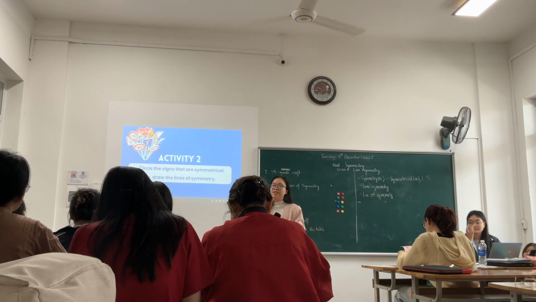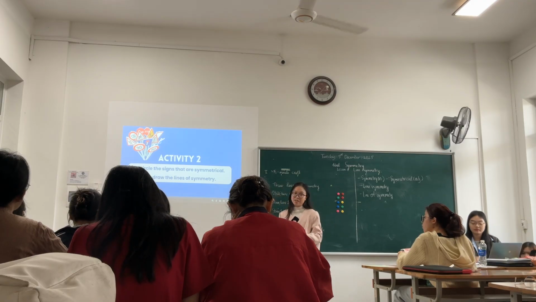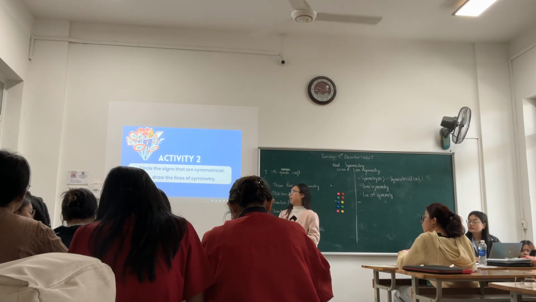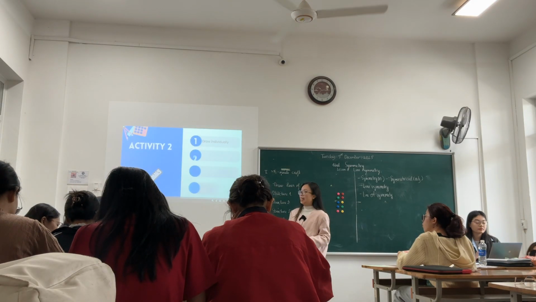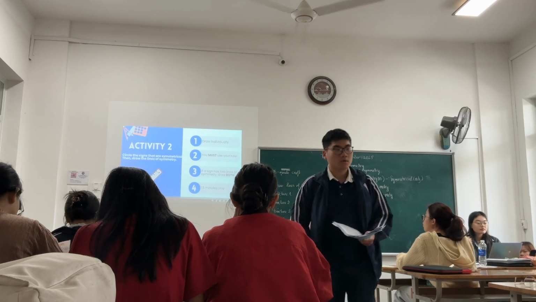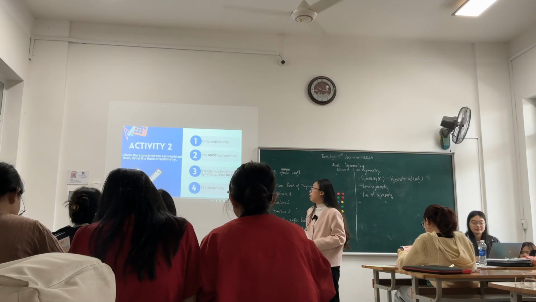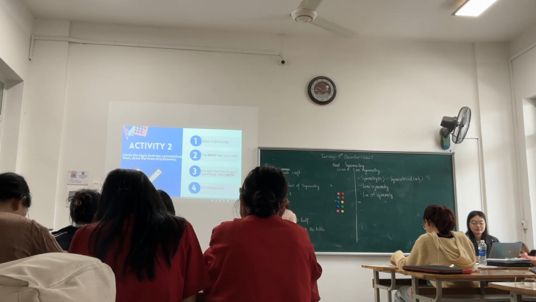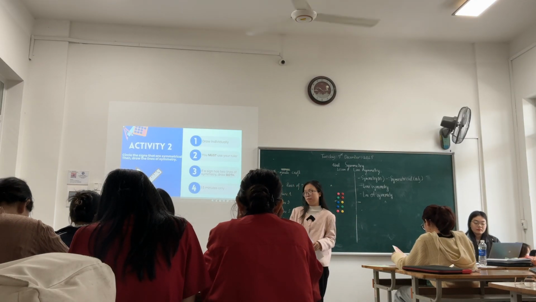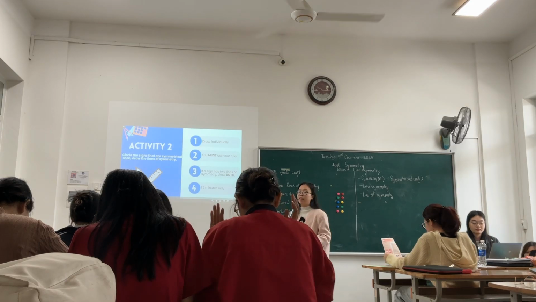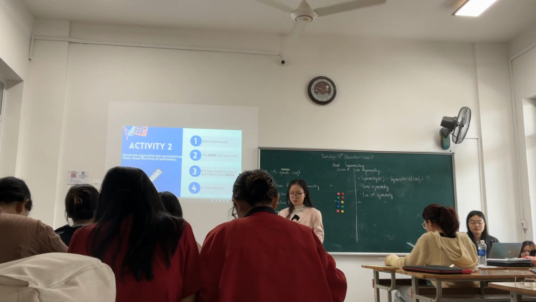Alright, thank you. So class, please note that in this exercise you will work individually and you must use your ruler to draw the line of symmetry. And if there are two lines of symmetry, please draw both of them. Alright, and you only have 1.5 minutes for this exercise only.